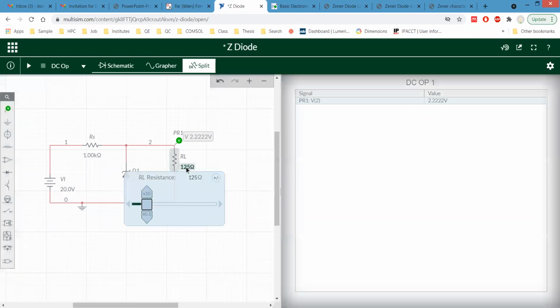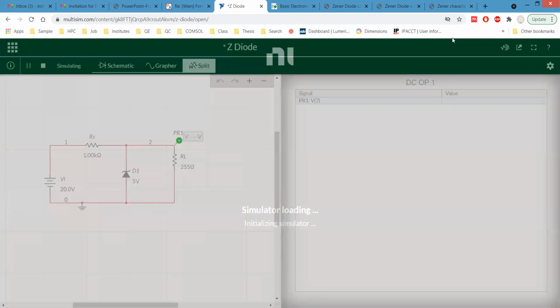Okay, noted. Now let's change it to another value, below 330. Let's say 255. Then run it, and yeah, it's 4 volt.